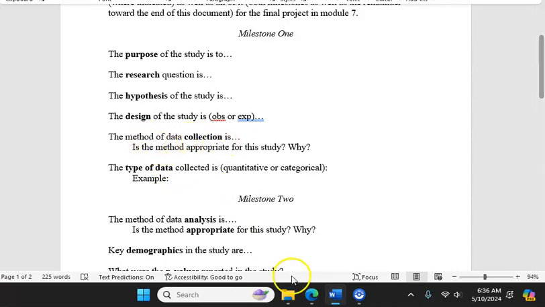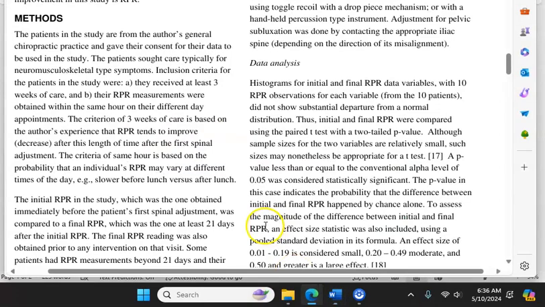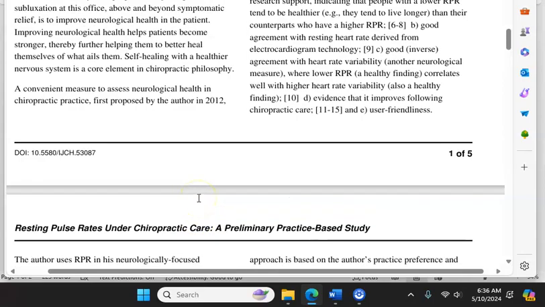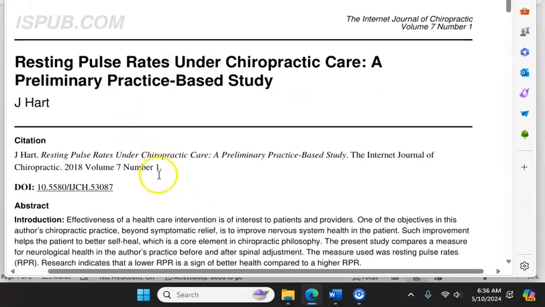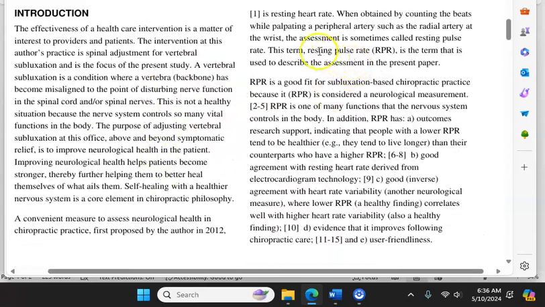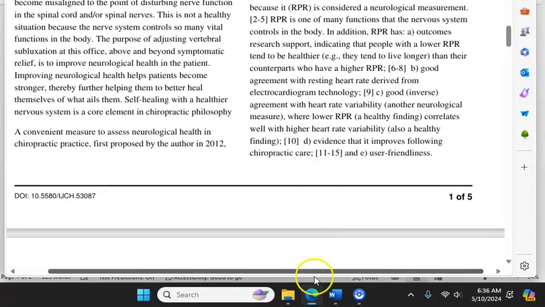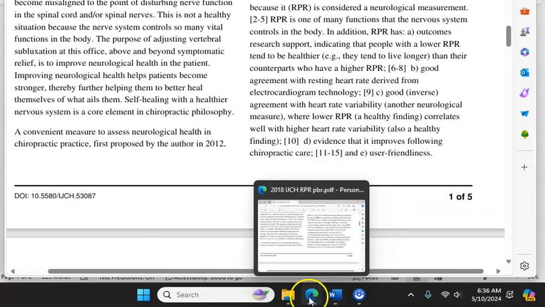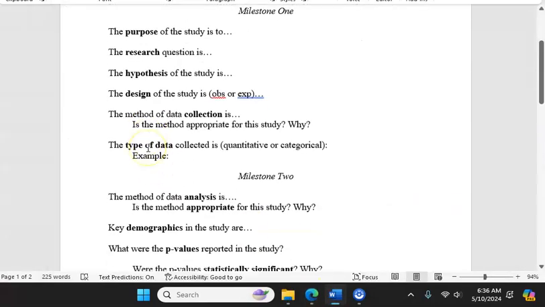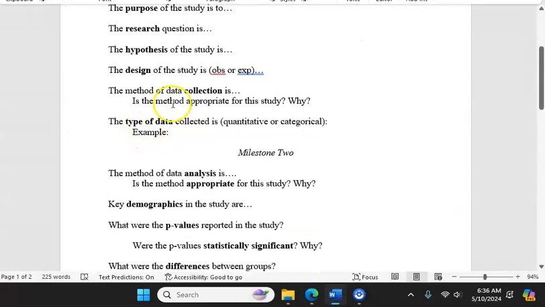How was the data collected? So what's the data? The data in this case is heart rate or pulse rate, and taken at the wrist. You see that there. And is it appropriate?